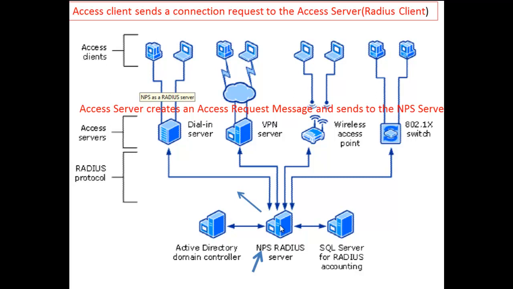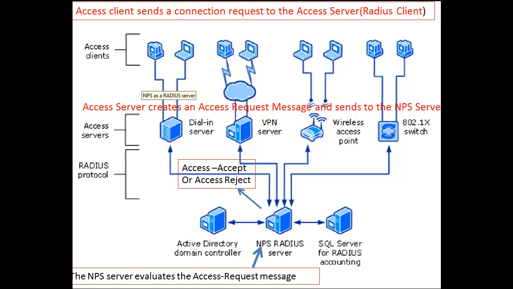Now on your network, you need to have a domain controller, and you also need to have an SQL server, because when that message is sent to the NPS server, it has to check Active Directory to see if that client computer exists in Active Directory.